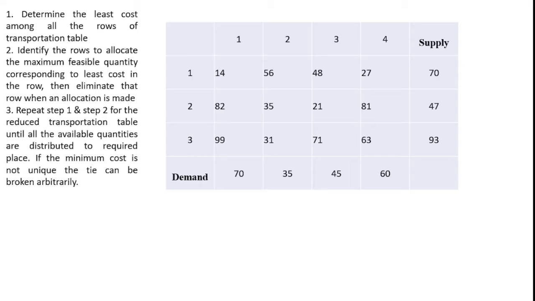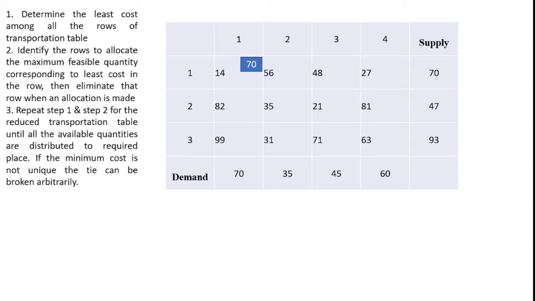Identify the row to allocate the maximum feasible quantity corresponding to the least cost, then eliminate that row when an allocation is made. So according to 14, the identified least cost, I allocate the maximum feasible quantity in that cell.